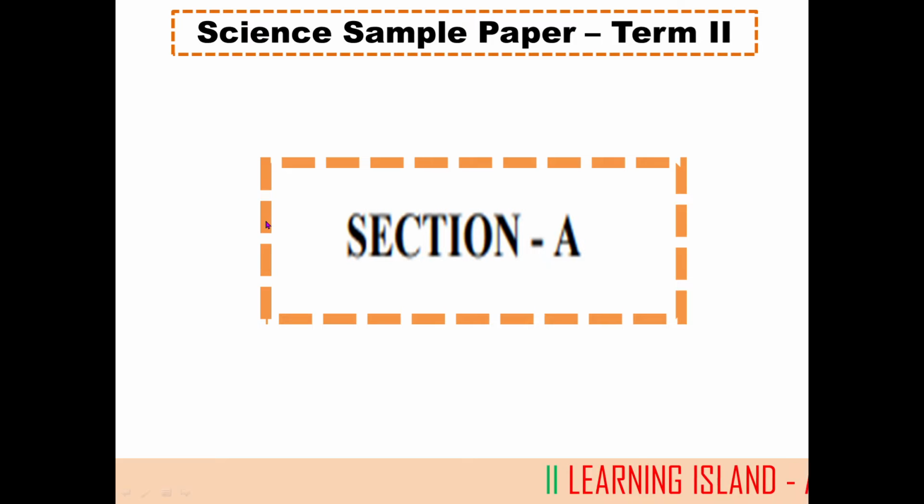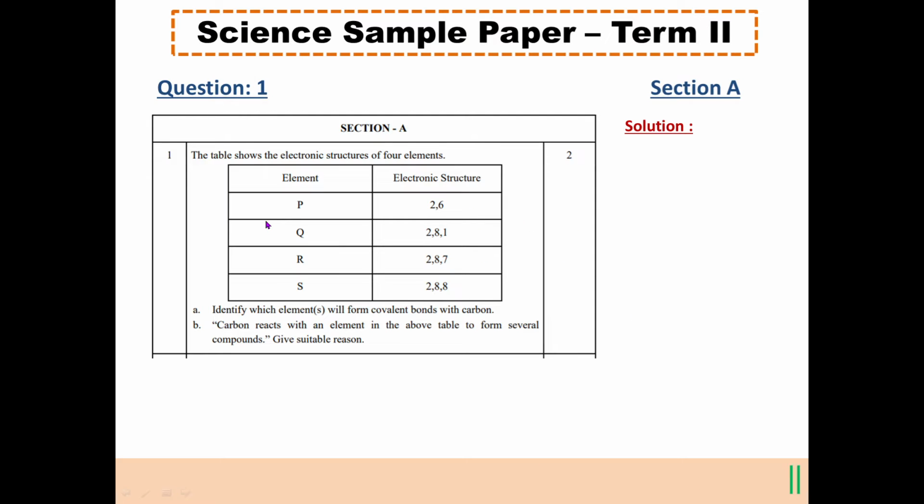In section A, the first question is this. The table shows the electronic structure of 4 elements P, Q, R and S. For P, the structure is 2, 6. If you know the elements of the periodic table, you can easily say that this will be oxygen.